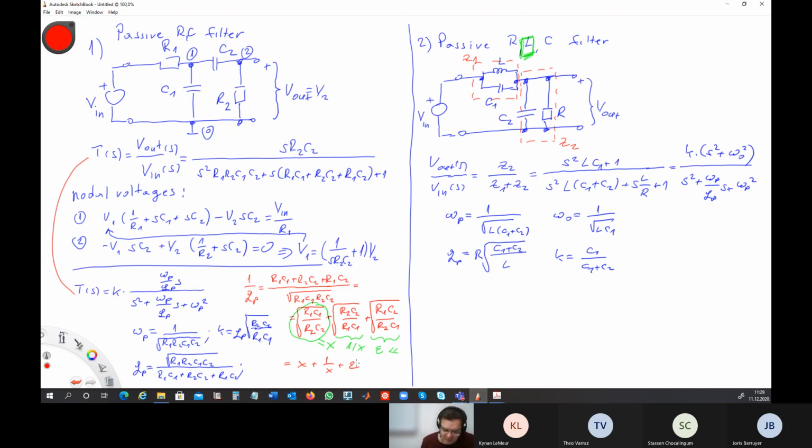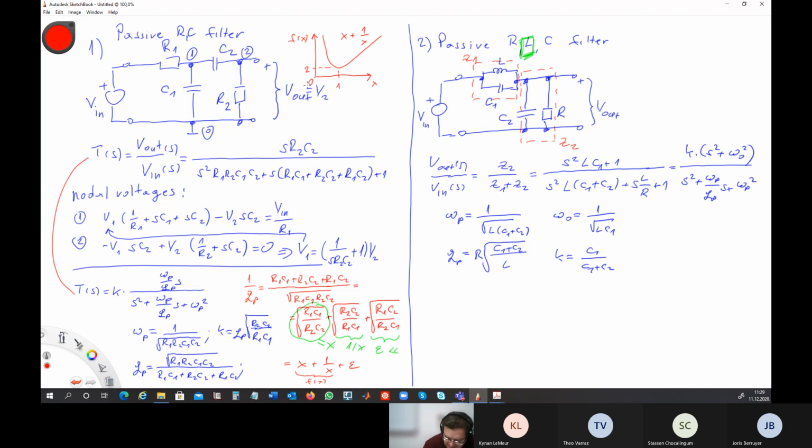So this is 1 over QP, and we try to find how this function f of x looks. I can plot it up here. You can check how the function x plus 1 over x looks. It looks like this. It has a minimum value of 2. So everybody knows how this function looks.